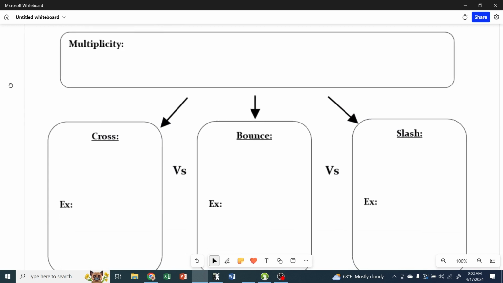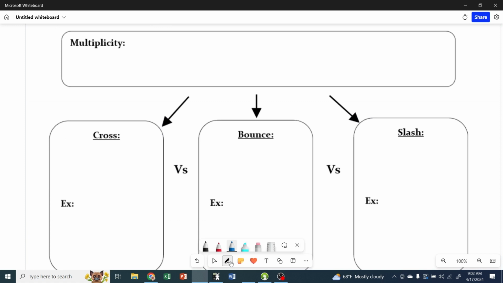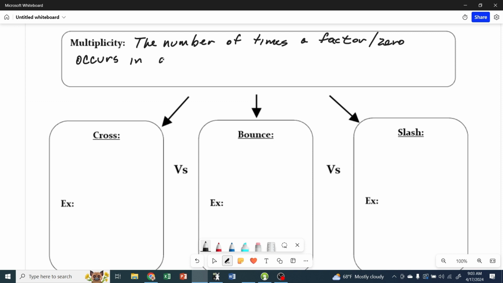Okay, so multiplicity is basically the number of times a factor, slash 0, occurs in a function (graph).